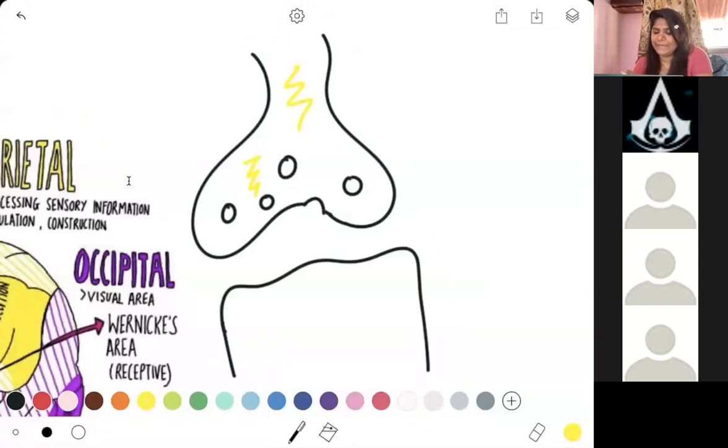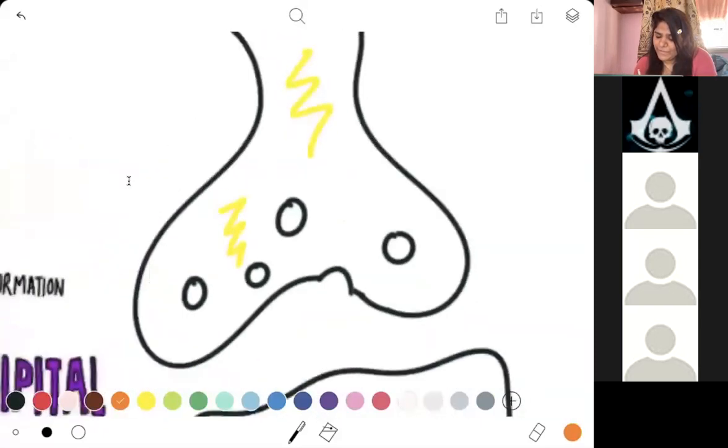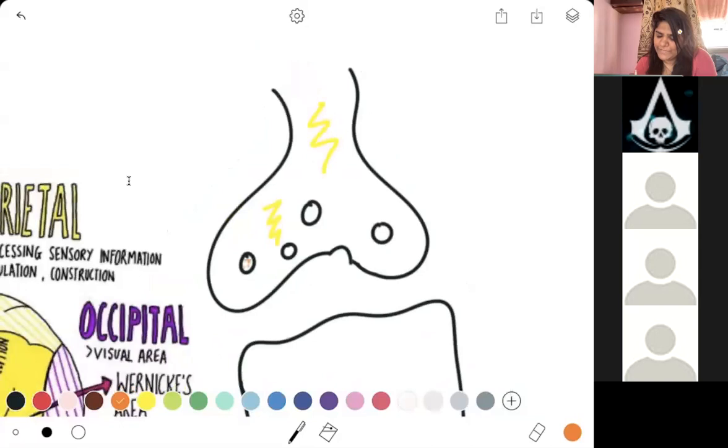As soon as the electrical impulses come to the end of your axons, or to your dendrites, whichever side they come first, they get converted into chemical signals. Then these chemicals are going to be released out of, let's say, this vesicle like this.